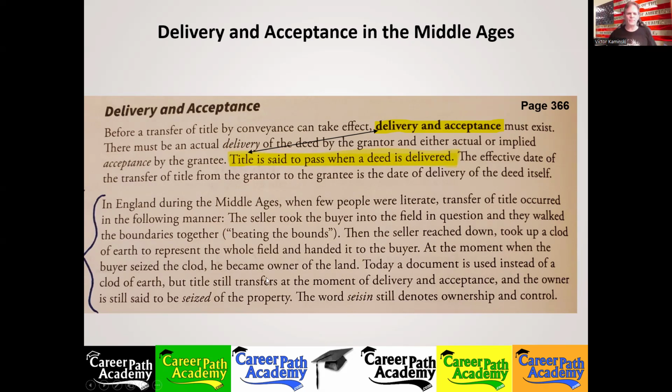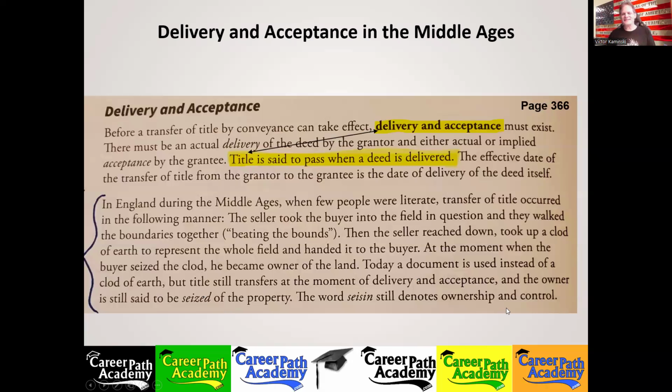At the moment that the buyer seized that clod, they became the owner of the land. Today, a document is used instead of a clod of earth, but title still transfers at the moment of delivery and acceptance. And the owner is still said to be seized of the property, to be seized of the land. The word seisin still denotes ownership and control.